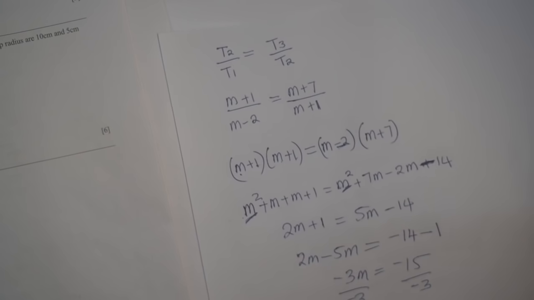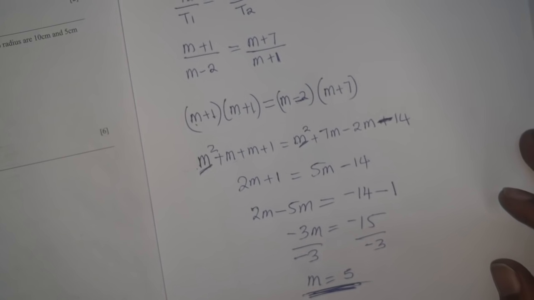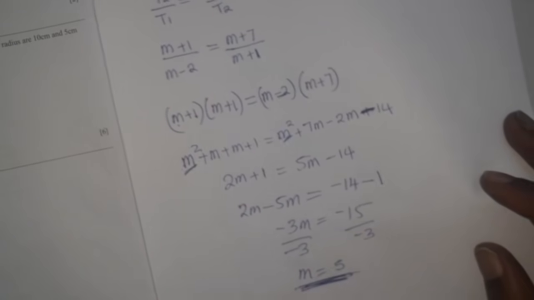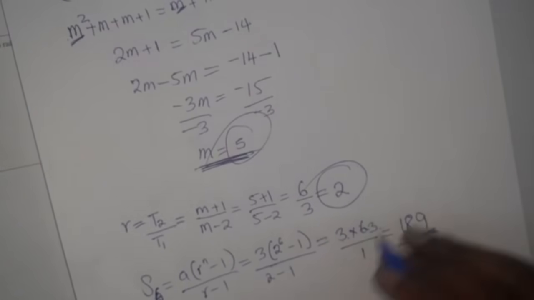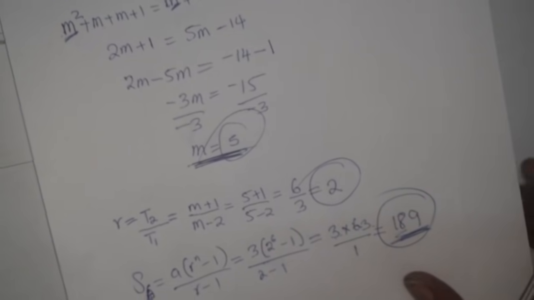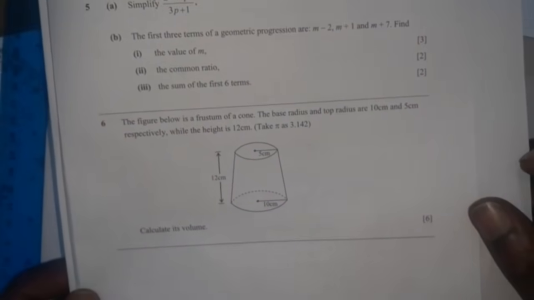Remember, we are done with the other question, which is question 5, B, where we have our m is 5, our common ratio, and this is the sum. So we come to question 6.